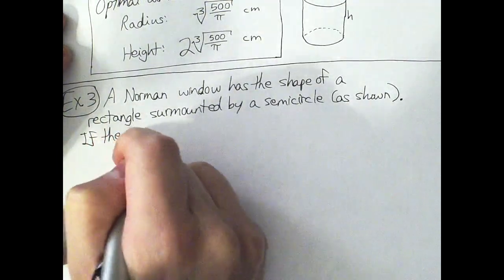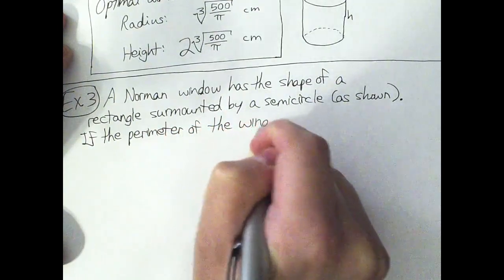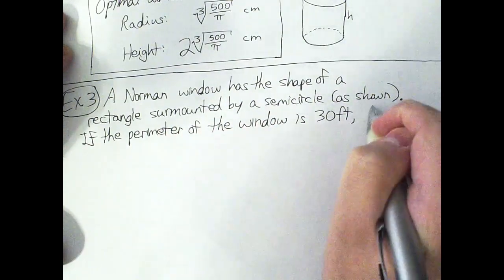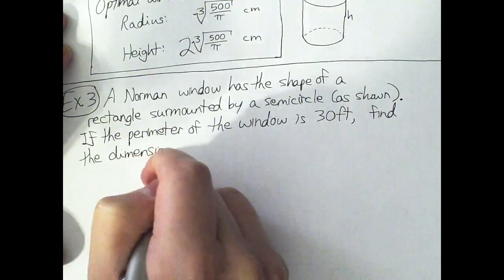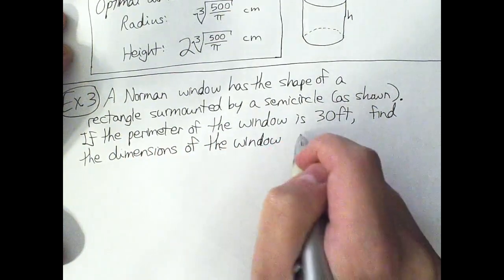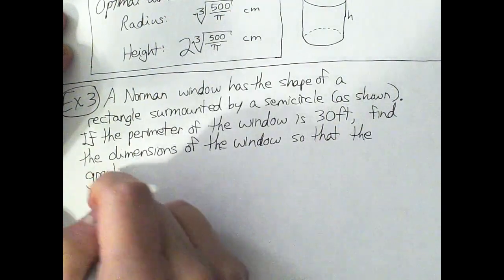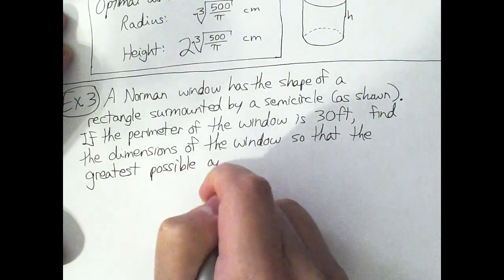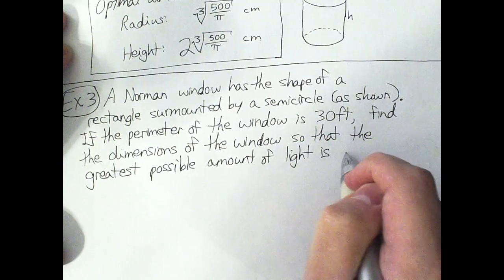If the perimeter of the window is 30 feet, find the dimensions of the window so that the greatest possible amount of light is admitted.